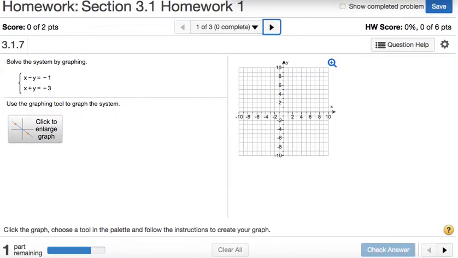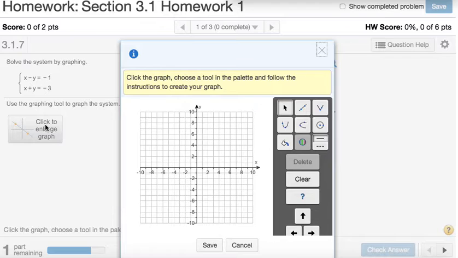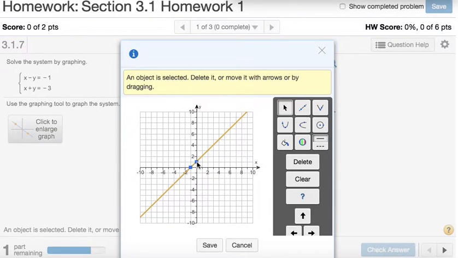Now, looking at this on the homework, the problems are going to look like this. It's going to say click to enlarge graph like we did before, and so that's going to be your first step. And then remember, we're using the line tool to draw the lines. So I'm going to start by graphing the first line, x minus y equals -1. That's going to have on the x-axis -1, on the y-axis +1.